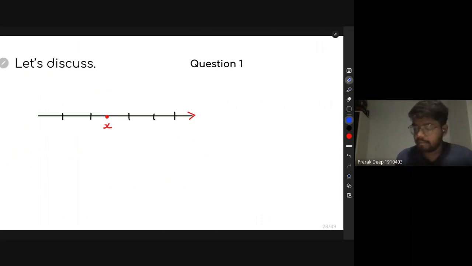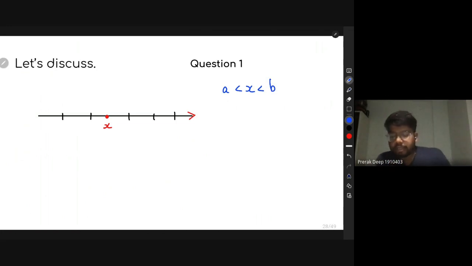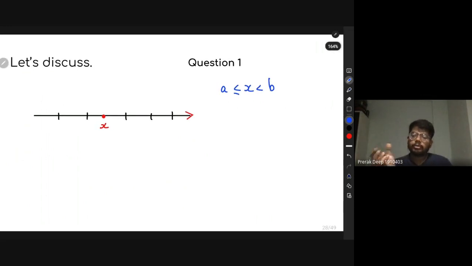This x will be sitting between two integers, let's say a and b. We can always assume that: either x is an integer, or if it's not an integer, it sits between two integers.